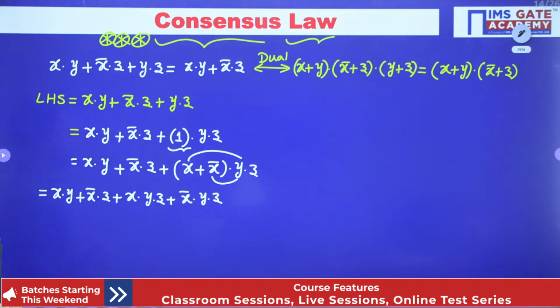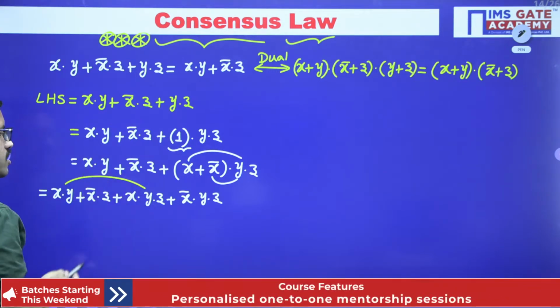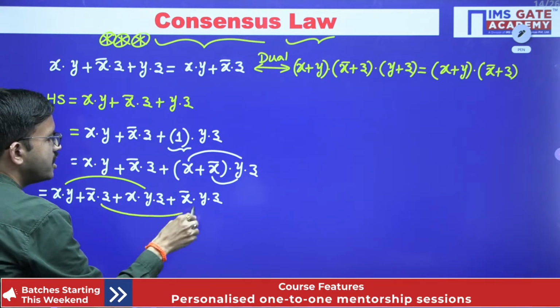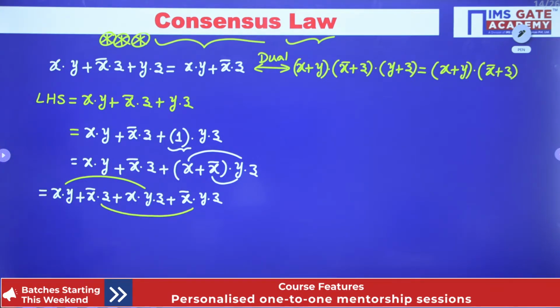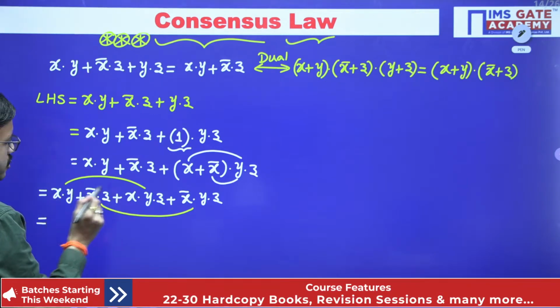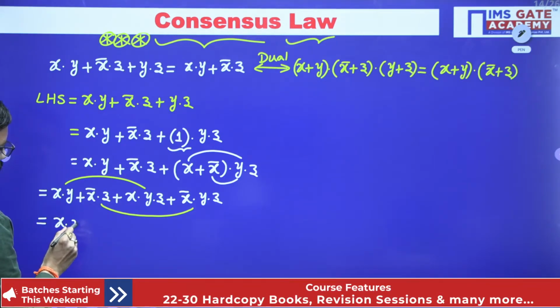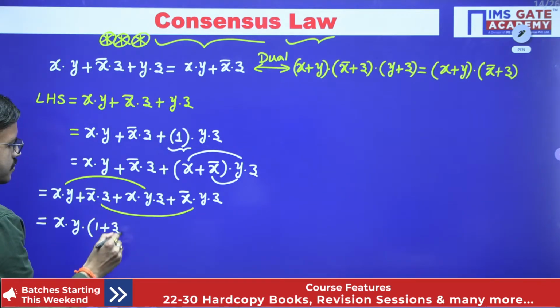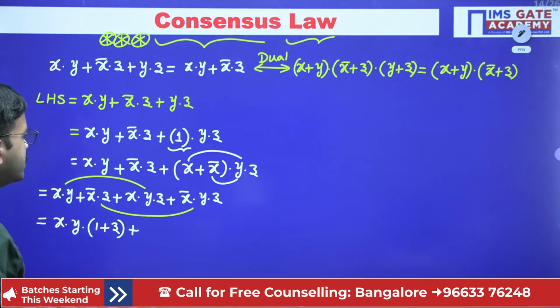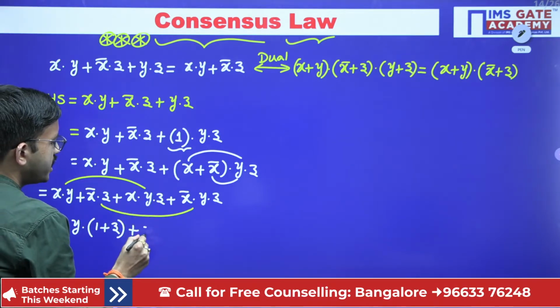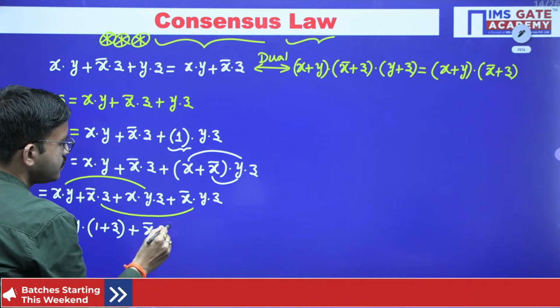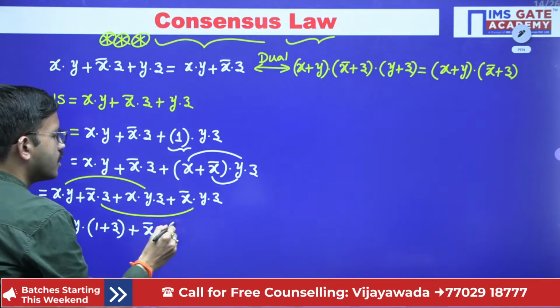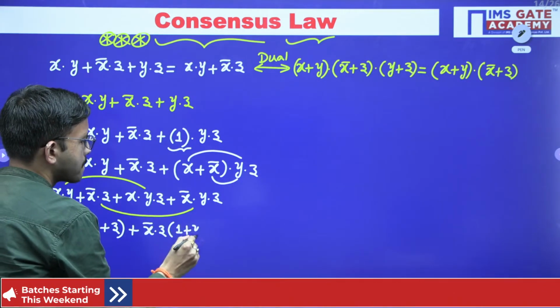Now observe whether we can take anything common from the first and third terms, and similarly from the second and fourth terms. From the first and third you can take xy as common, then you will get 1 plus z. From the second and fourth you can take x bar z as common, and you will get 1 plus y.